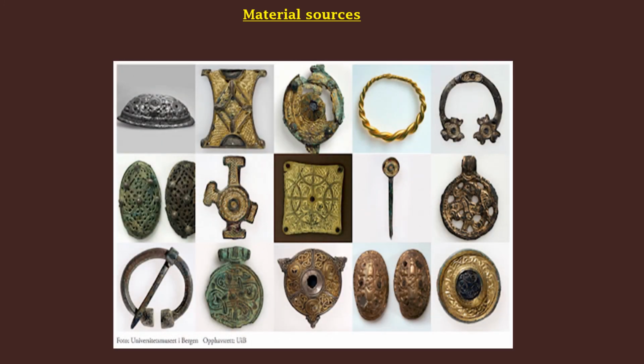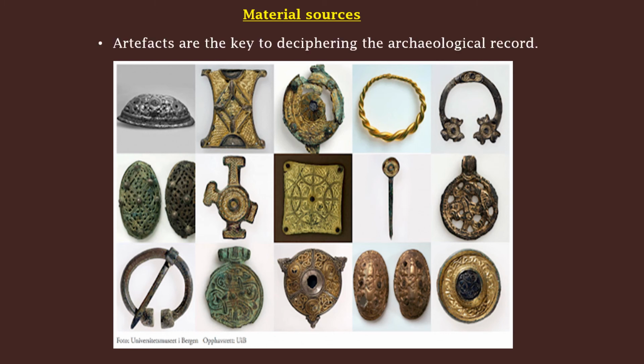Material sources of history include coins, places of worship, royal seals, ornaments, etc. Now, artifacts are often the most intriguing part of archaeological research. They are the key to deciphering the archaeological record and garnering information about how people lived.